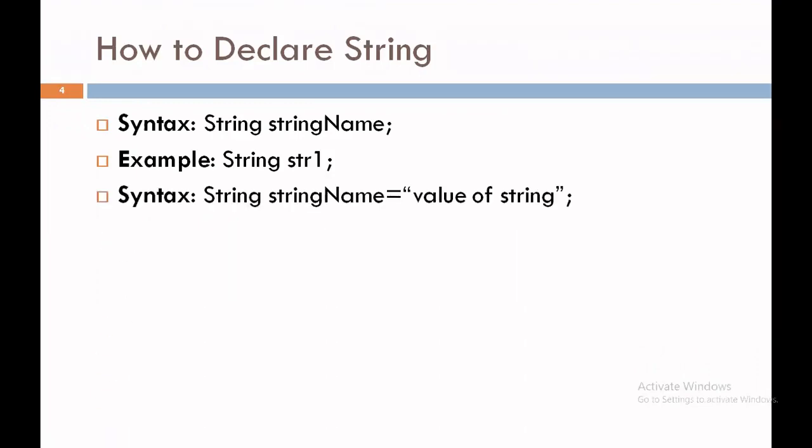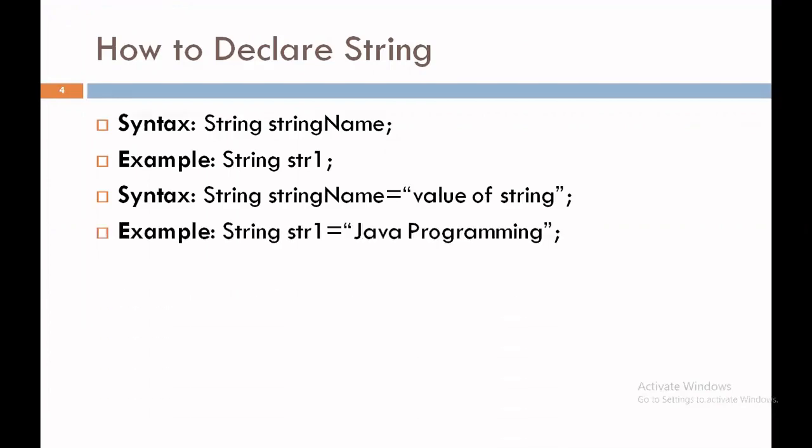Another way in which we can declare a string is like this: String name equal to the value of the string. For example, String str1 equal to "Java programming". As I said earlier, unlike other programming languages, strings in Java are not a primitive type. It is an object of the predefined class named String.